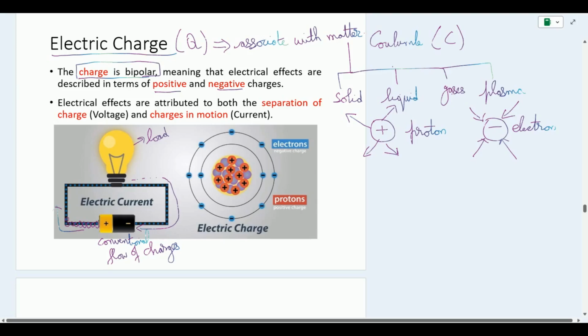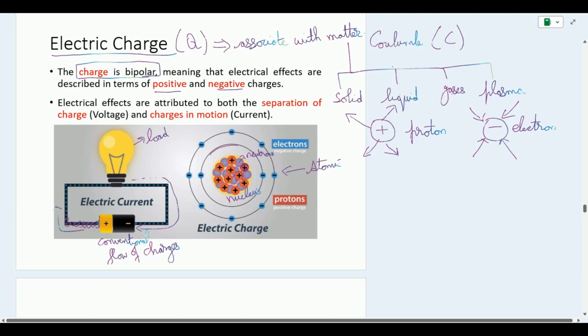Similarly, if you look at the image on your right, this is the atomic structure or atomic model of any atom. In this case it can be anything. At the atomic level, the center element is called a nucleus, which consists of positive charges, represented here by red and plus sign, protons, and then you have these neutrons.